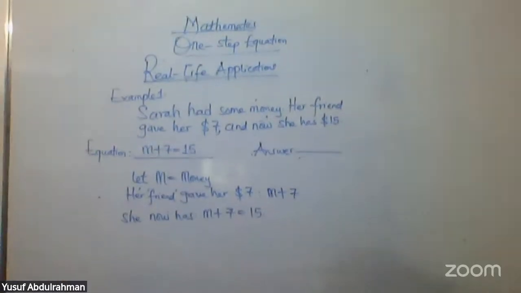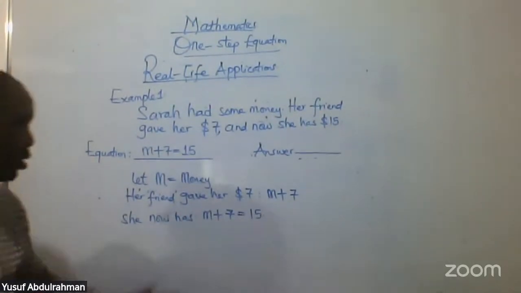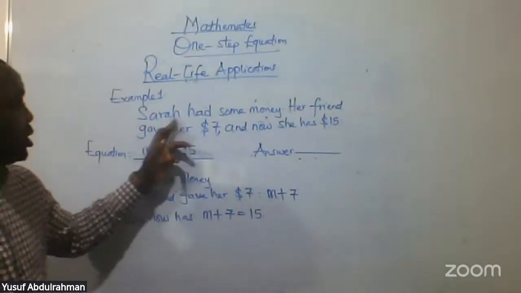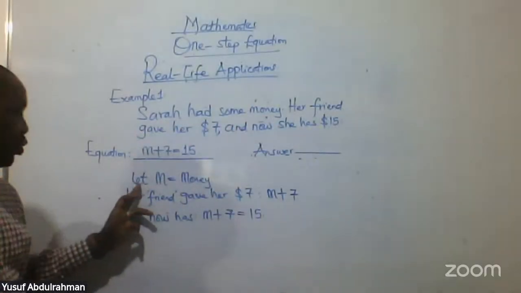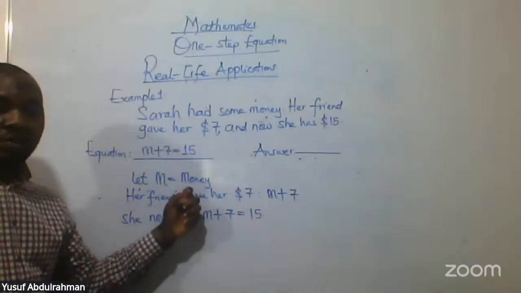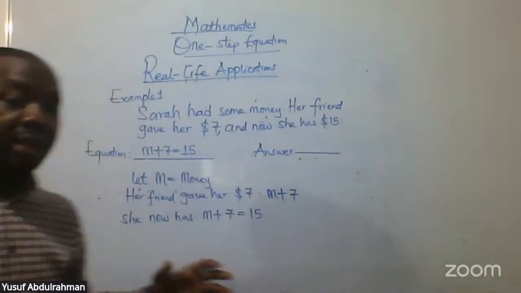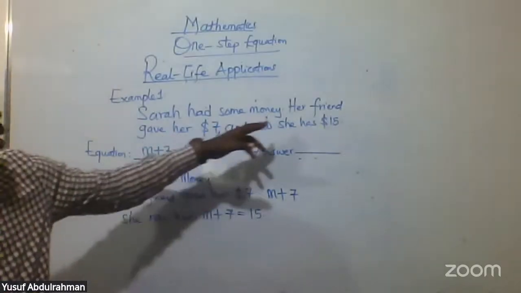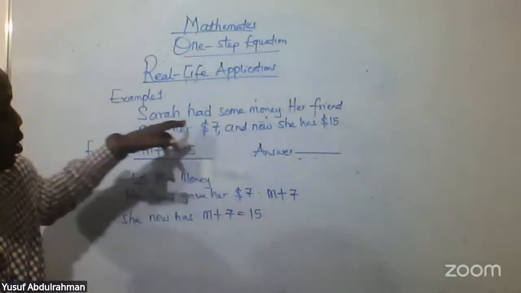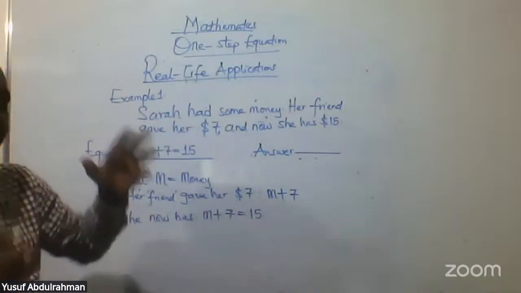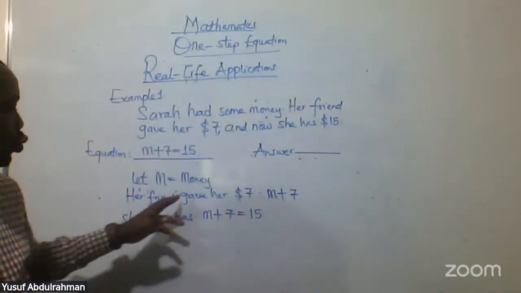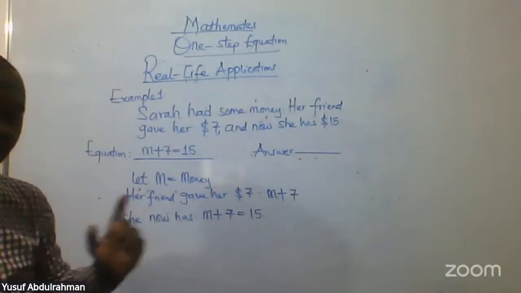Okay. Now, another example. I want you to copy this down. Remember, she had some money, so we use n to represent what she had. When we are not given the amount, to represent the variable, we always remember to choose one of the letters from the alphabet.